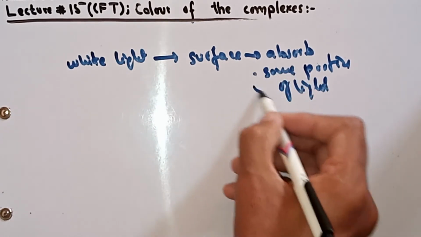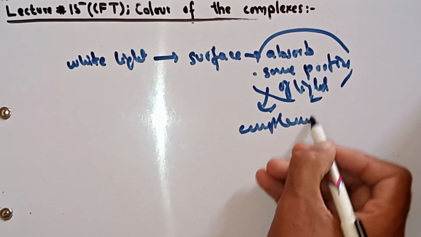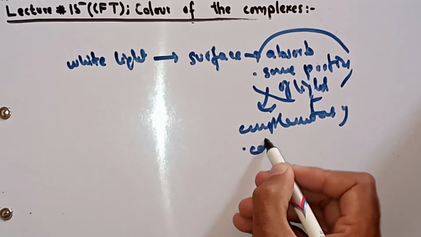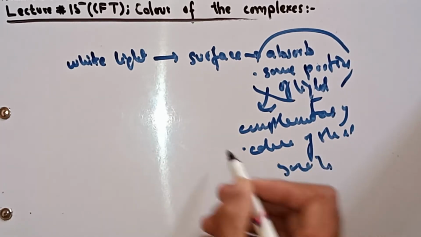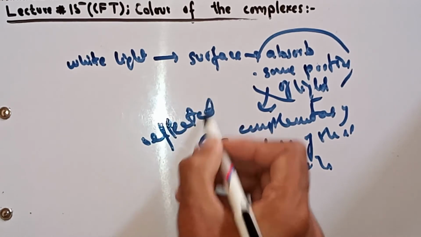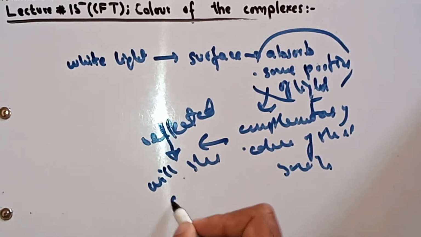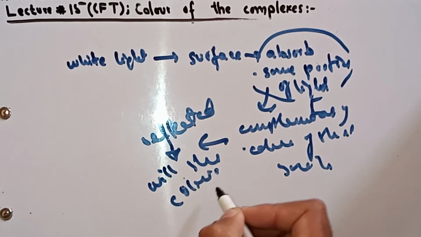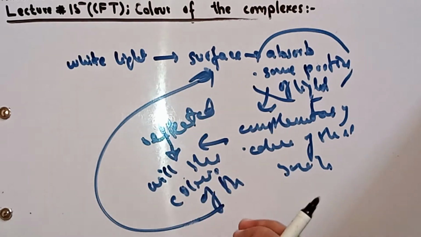The complementary color of this absorbed light will be reflected, and this reflection will show us the color of the surface.